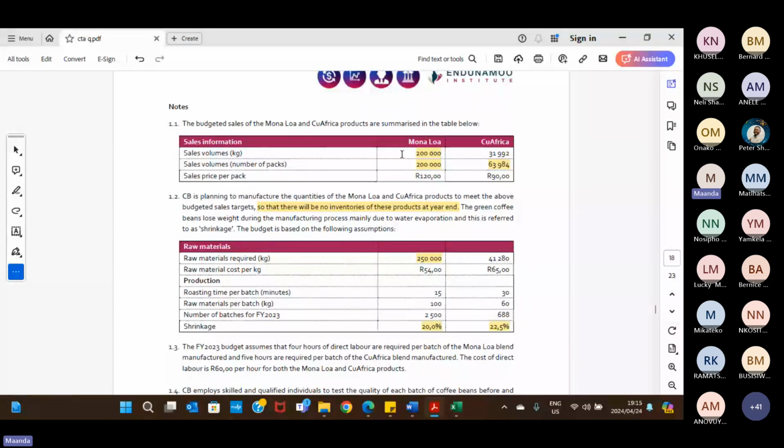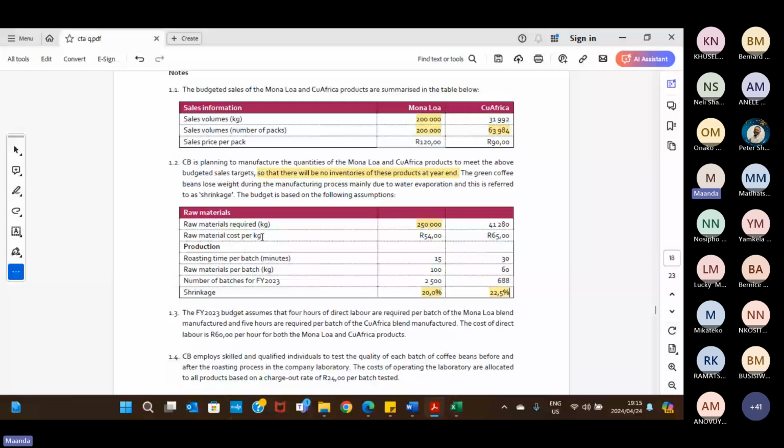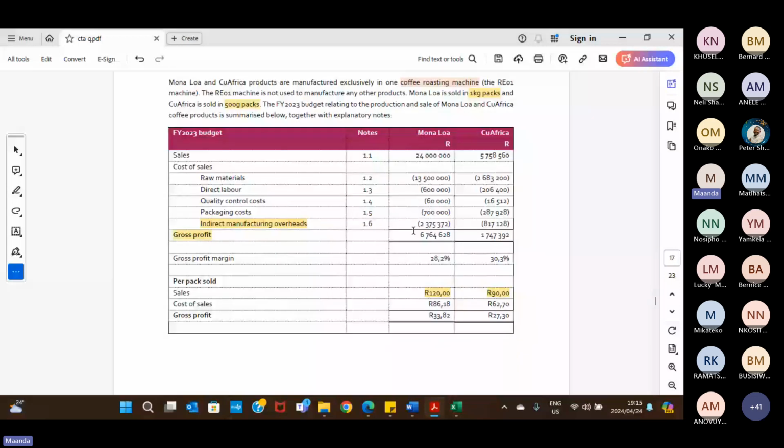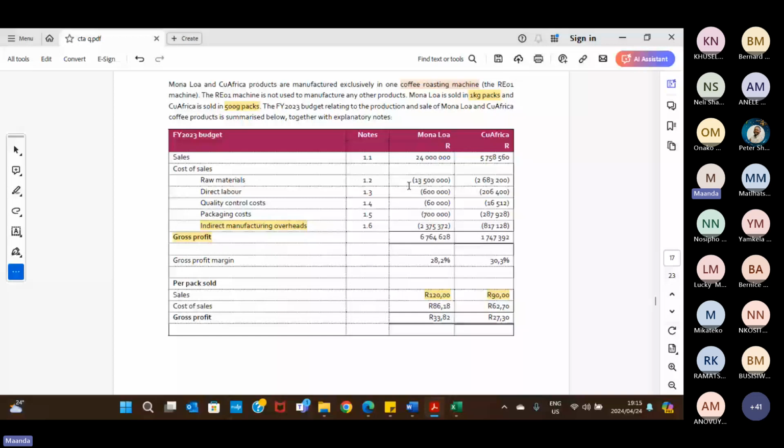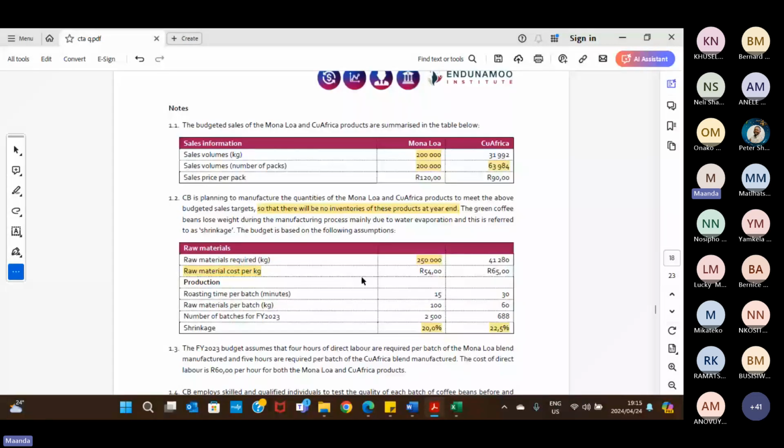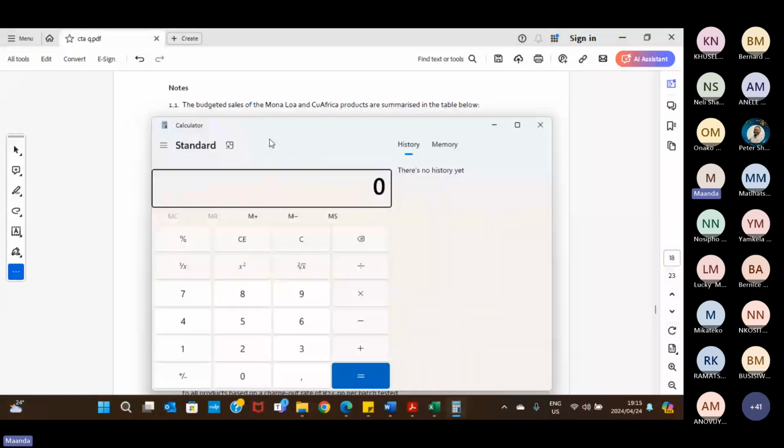All right. Then you have raw material cost per kg. So what is my 250 costing? Then 54. So what makes up this raw material will be the 250 and the 54, which will give me 13,500,000.